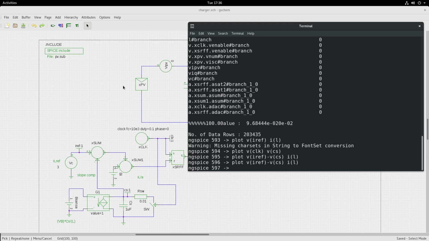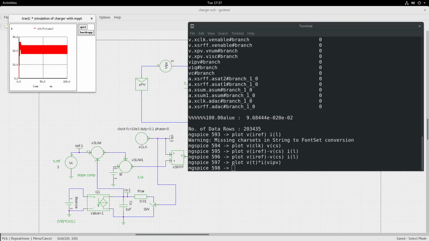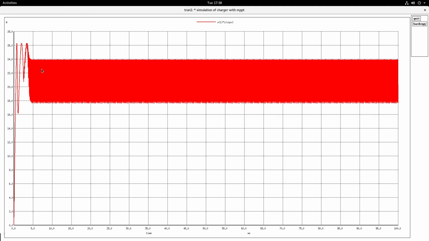Now let us see the voltage across the PV panel and the current through the PV panel, and just check how much power is being transferred to the load to charge the battery and the load. If we check the power drawn from the PV panel, you see that it is hovering at around 24, close to the peak power operating point.